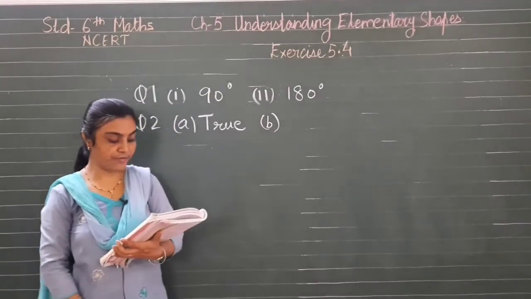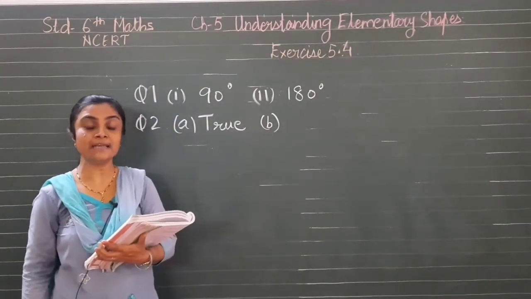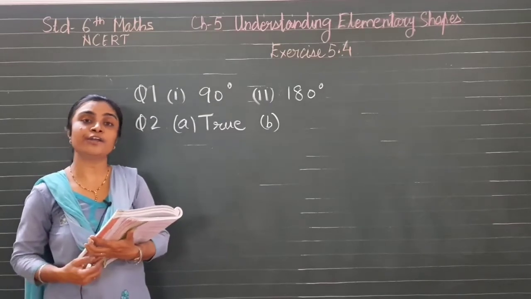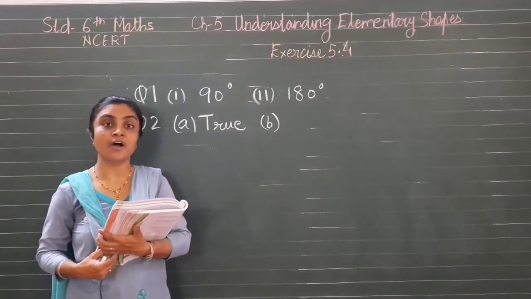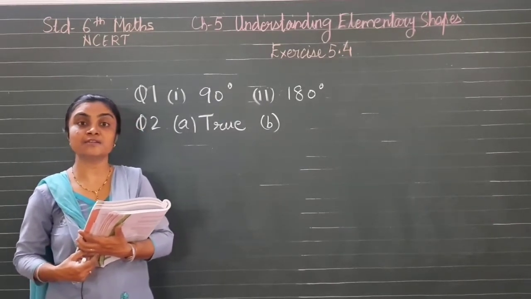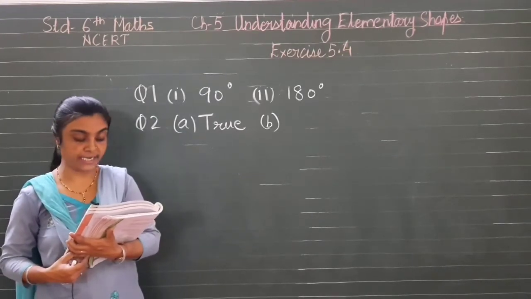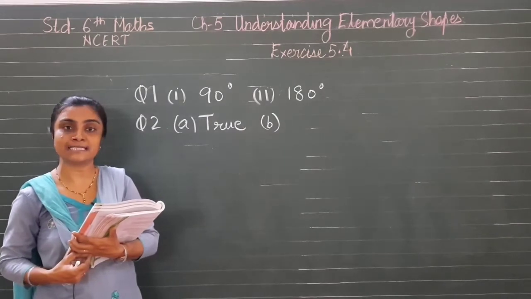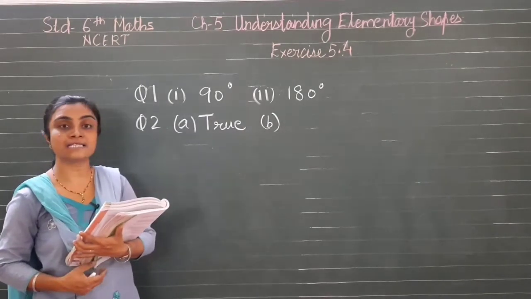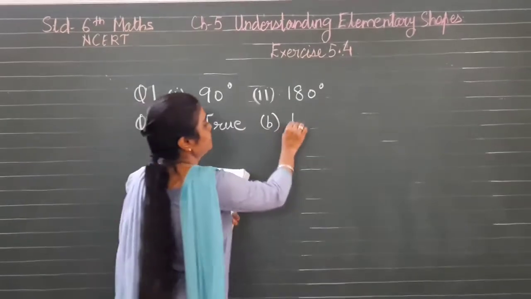B. The measure of an obtuse angle is less than 90 degree. According to the definition, an obtuse angle is an angle which is more than 90 degree but less than 180 degree. Here it is given less than 90 degree. So the answer for B is false.